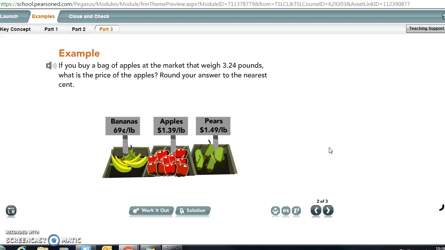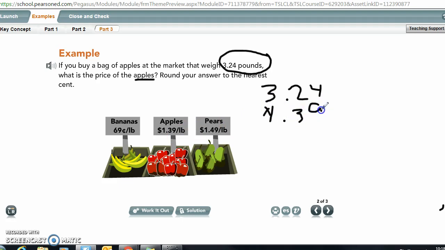Okay, we see bananas, we see apples, we see pears. What I'm going to do is circle this number here, and we want to find the apples. So what you need to do for this is multiply 3.24 times, well, what were the apples per pound?